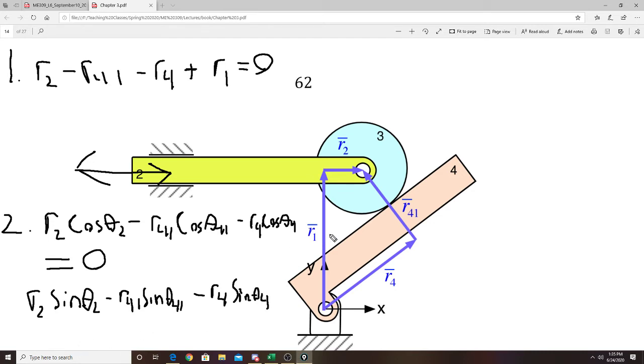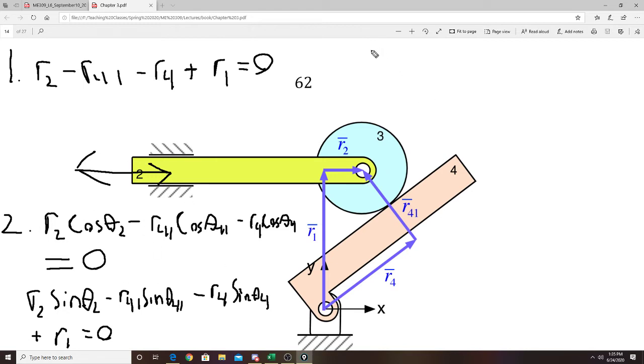And then the last one, we have a positive component of this, so let's do plus R1. All right. So these are our scalar components right here.